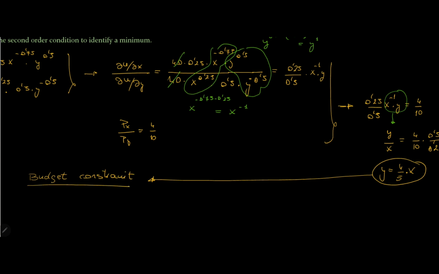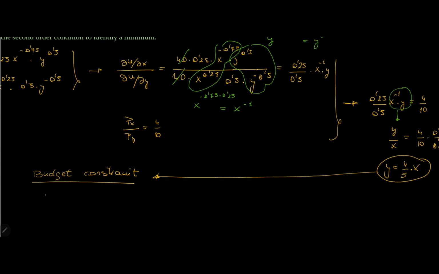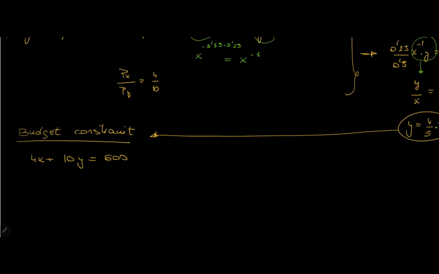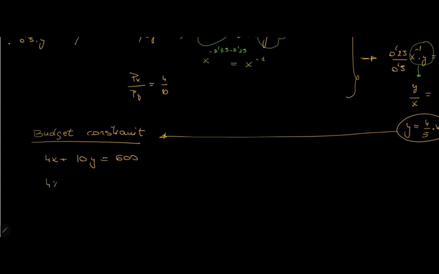My budget constraint is 4x plus 10y equals 600. So if I do the substitution, I get 4x plus 10 times 4x fifths equals 600.